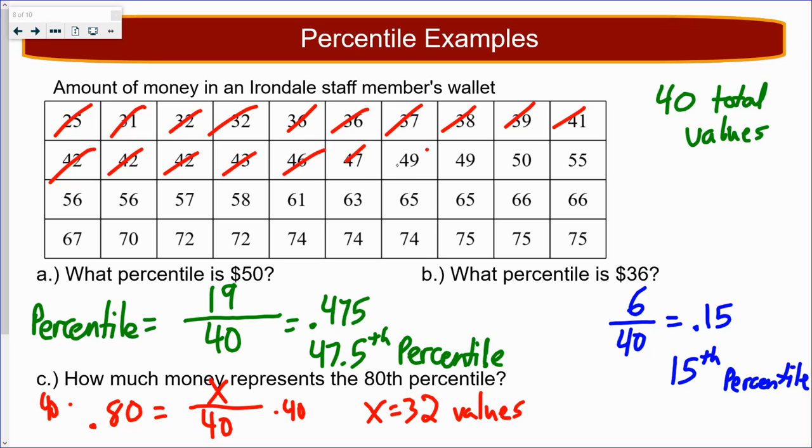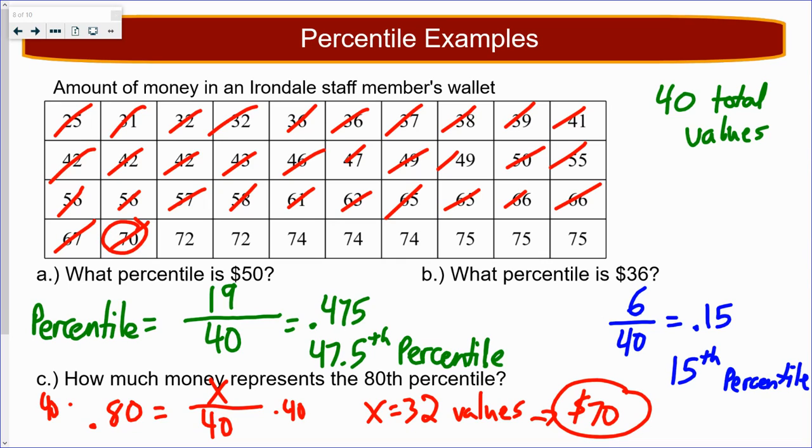Each row is 10, so that is counting up 20 values, counting up 30 values, 31, 32. So that means $70 is how much money would represent the 80th percentile. So if you had $70 in your wallet or billfold or purse or satchel, then that would put you in the 80th percentile of Irondale staff members.